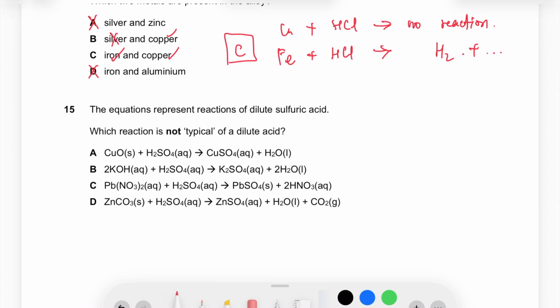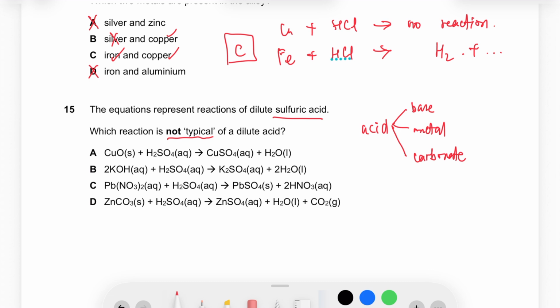Question 15. This is the reaction of sulfuric acid, so which is not typical of a dilute acid? We know that acid will react with base, metal, and carbonate. So it can react with all these three.